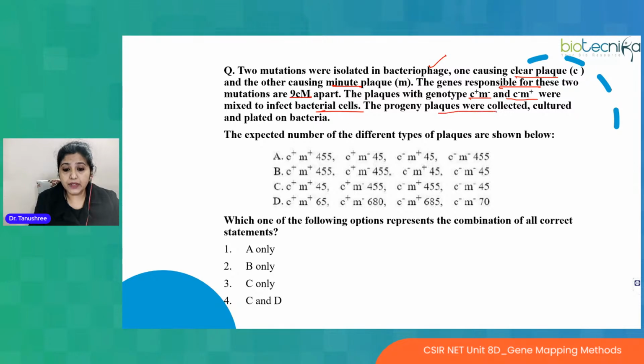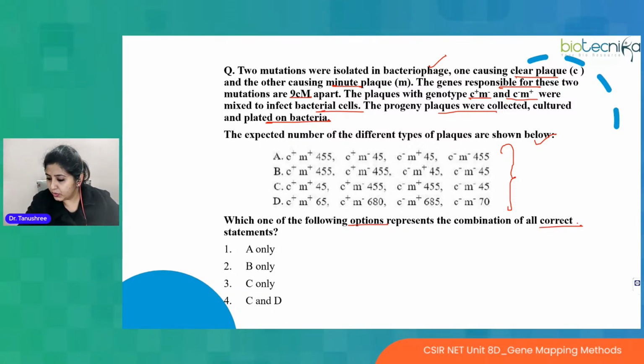The progeny plaques were collected, cultured, and plated on bacteria. The expected numbers of different types of plaques are shown below. You have to find which one of the following options represents the combination of all correct statements.